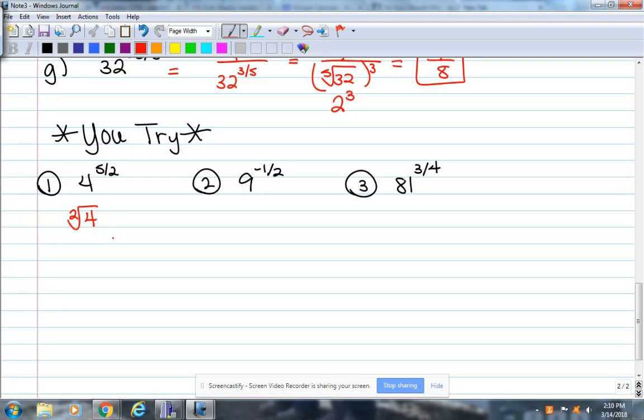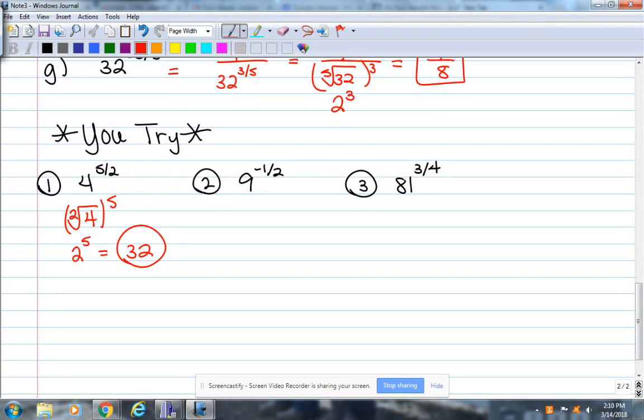I'm setting it up. How do I set it up? Thank you. Yeah. So my denominator goes as my index. The numerator is my power for the whole thing. What is the square root of 4? 2. 2 to the 5th power equals what? 32. Raise your hand if you got 32.